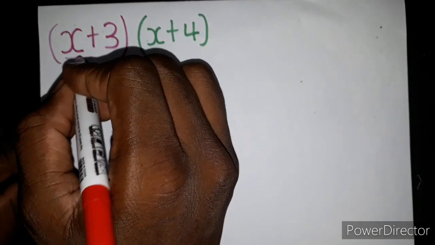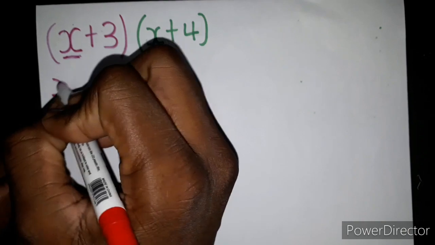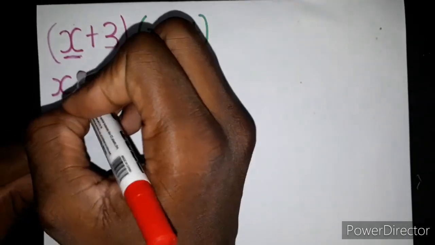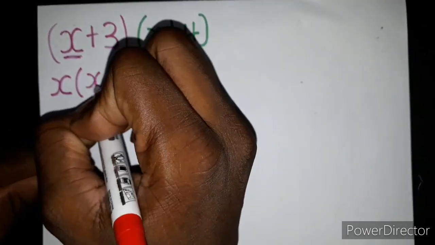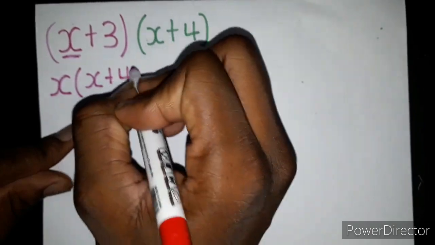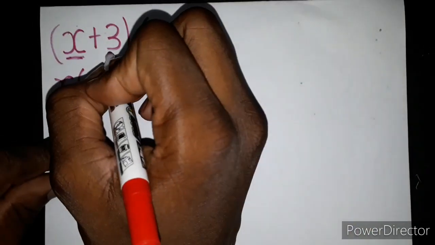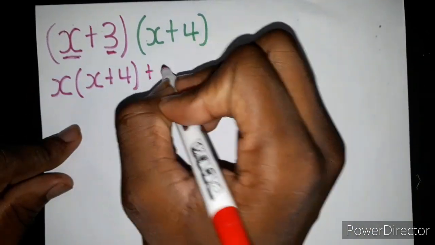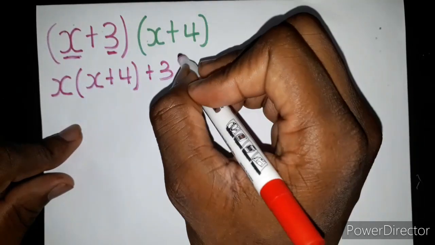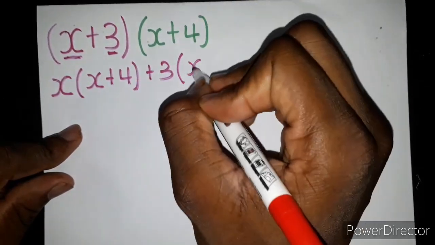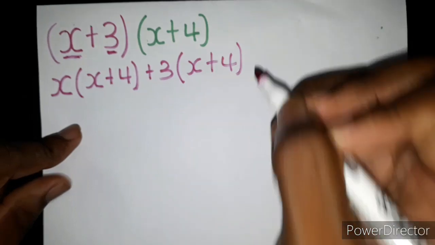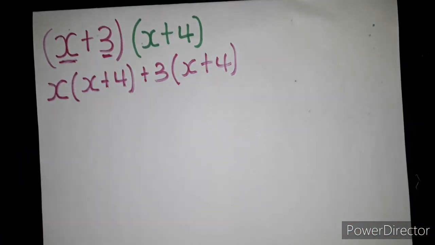We take the x and multiply it by the bracket, which is x plus 4. And then we take the plus 3 and multiply it by the bracket, which is x plus 4. And then we just use the distributive law and simplify it.